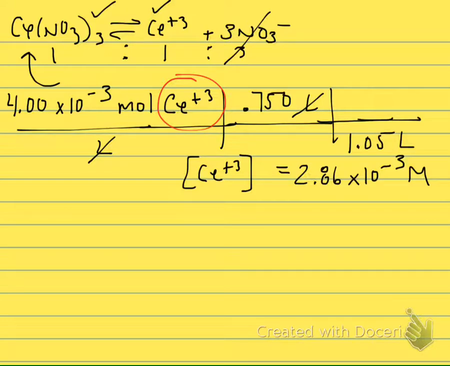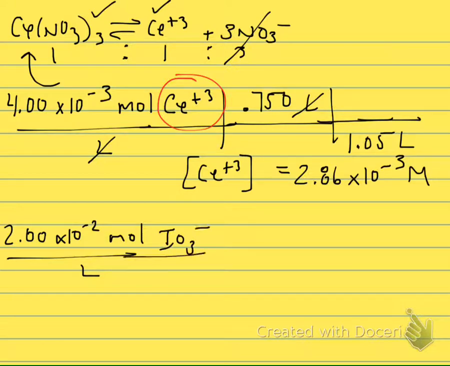I'm going to do something similar for the IO3 minus, and that is 2.00 times 10 to the negative second moles per liter of IO3 minus. And in this case, this volume was just 0.300 liters.